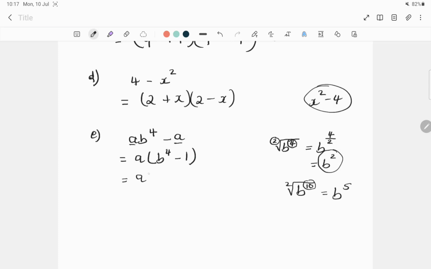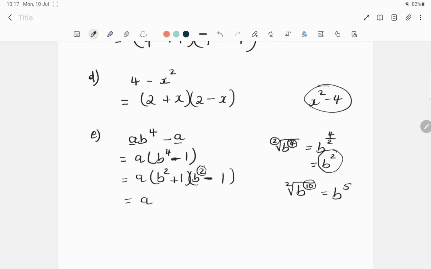So it will be a, b squared, 1, 1, plus minus. You can check if you are able to continue. As long as it's minus and you are able to halve the exponent, then you continue.